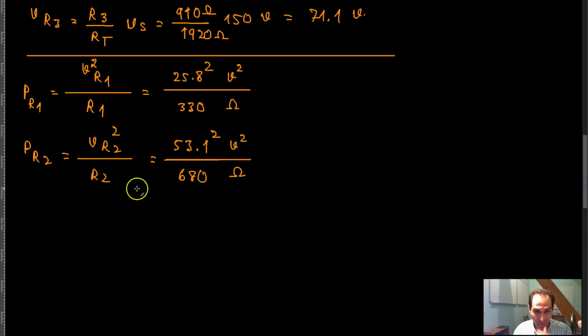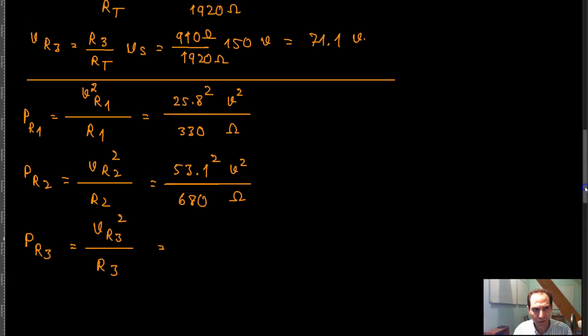Next we have P of R3, which is equal to V of R3 squared divided by R3. V of R3 we calculated here to be 71.1, so 71.1 squared divided by R3, which is 910 ohms. This is volts squared per ohm.